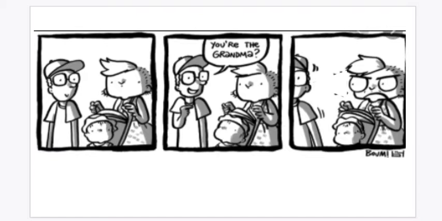You see in the first box, there's this dude here with his glasses on, and this person pushing a little kid in a stroller. In the next box, he says something to her. He says, "You're the grandma?" Now he's making an assumption about who this person is, right? Look in the third box.